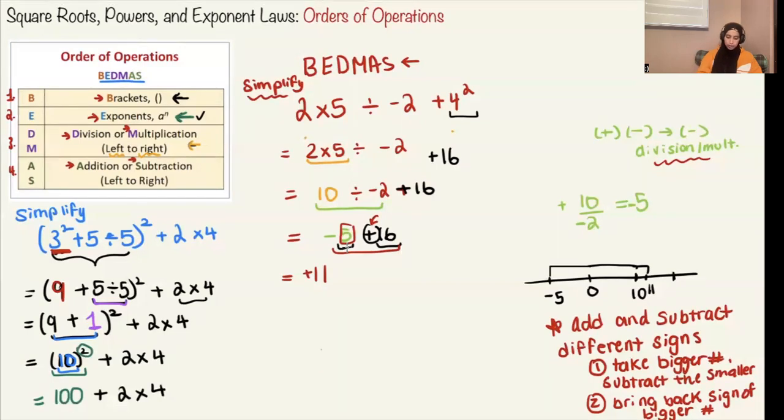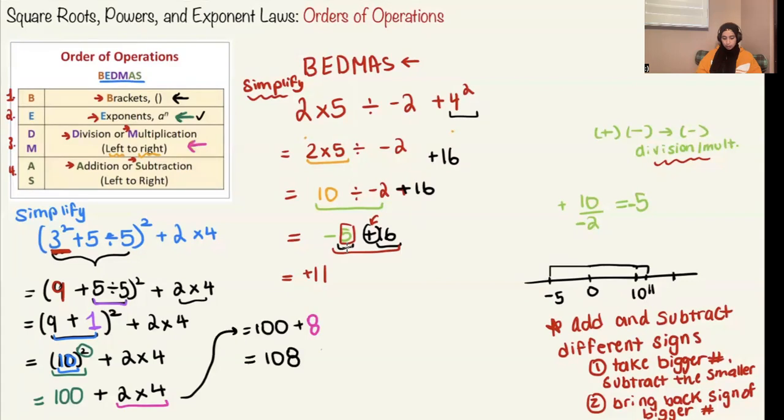Which do I do first? Well, BEDMAS says that we got to do division and multiplication first. And so we're going to do this multiplication first. It simplifies to 100 plus 8, since 2 times 4 is 8. And so now we do this last operation of 100 plus 8. Our answer is going to be 108.